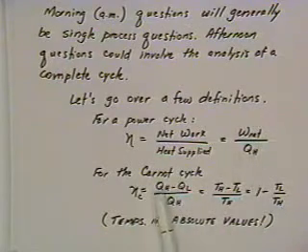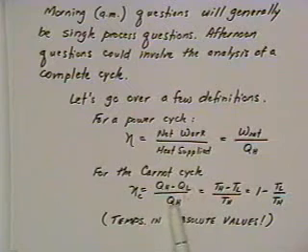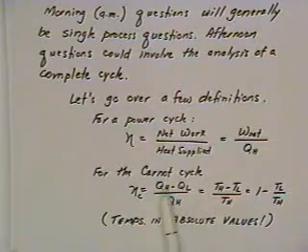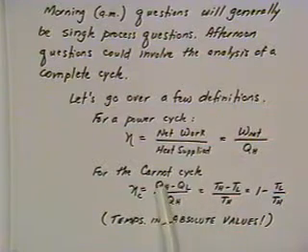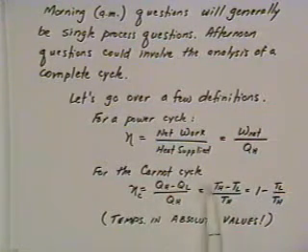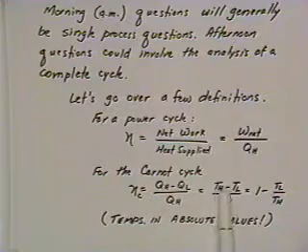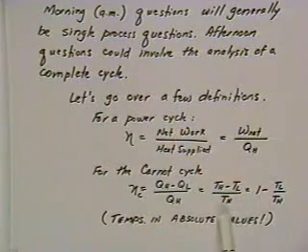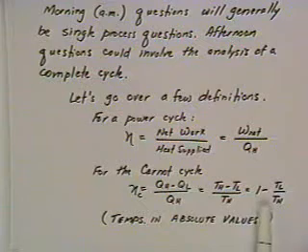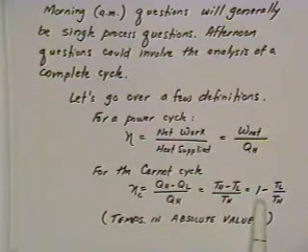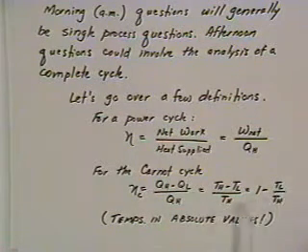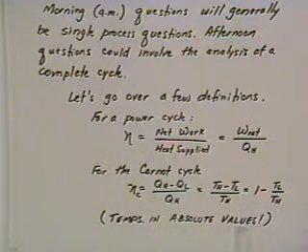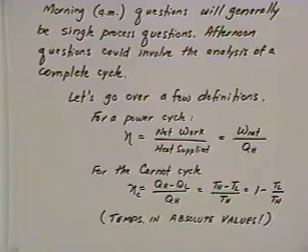The net work is defined as QH minus QL, and heat input is QH. For the Carnot cycle, we can relate the heat to the absolute temperatures, so the efficiency of the Carnot cycle is 1 minus TL over TH. Again, reminder, temperatures have to be in absolute values.